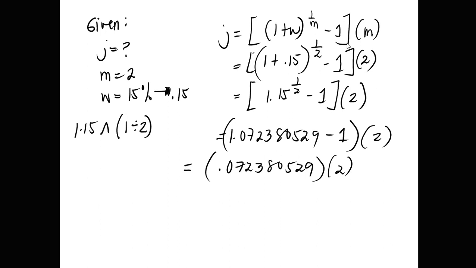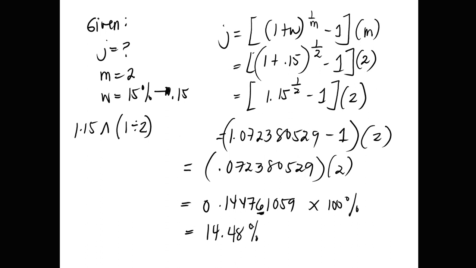We will get 0.144761059. Since we are dealing with the rate, we need to multiply it to 100 and then copy the percent sign. So, final answer, round it off 2 decimal places. We have 14 point. Since that is 6 po, yung kasunod ni 7, it will become 14.48%. And that will be the final answer.